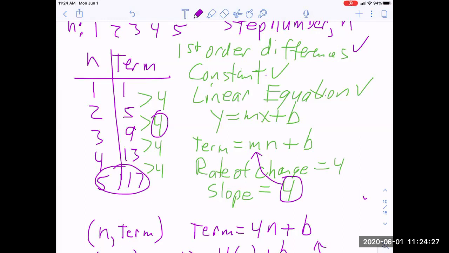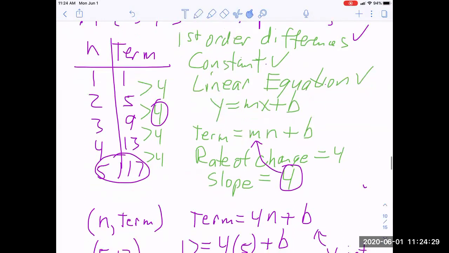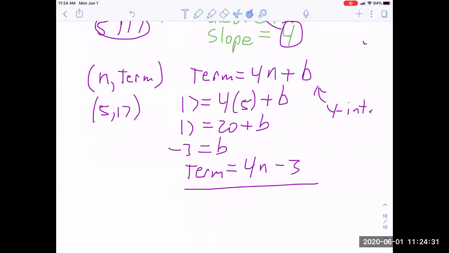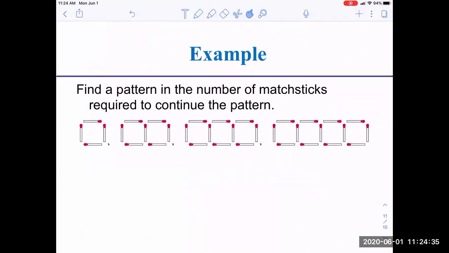And from there, it was a matter of algebra to find my formula. I'm going to let you do this one and take a moment. So you may want to pause before I do this and try and figure this out.